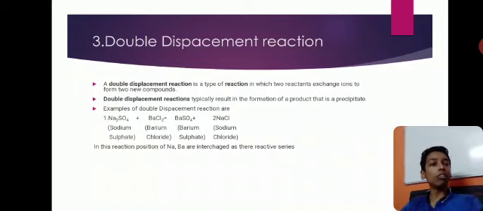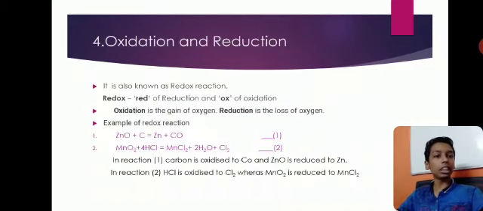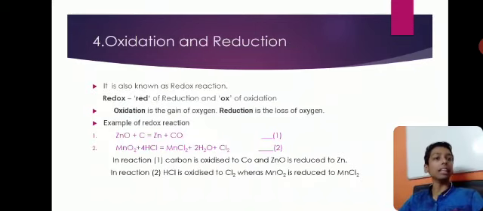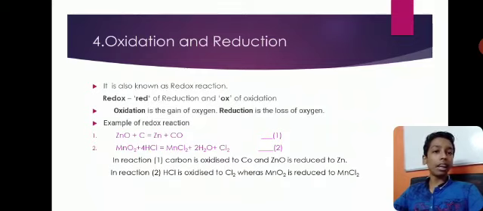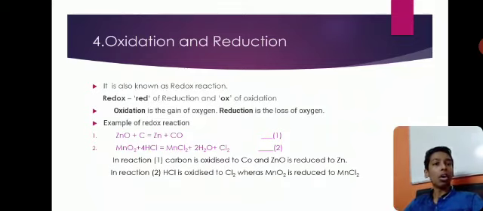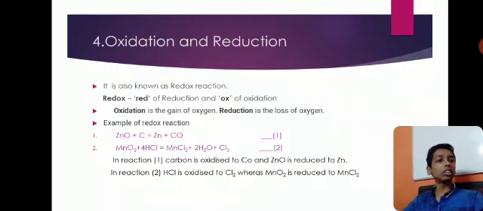Now we will see our fourth reaction, that is oxidation and reduction. As I told you earlier, it is the redox reaction, as in redox, red is of reduction and ox is of oxidation. Oxidation is known as gain of oxygen and reduction is loss of oxygen.